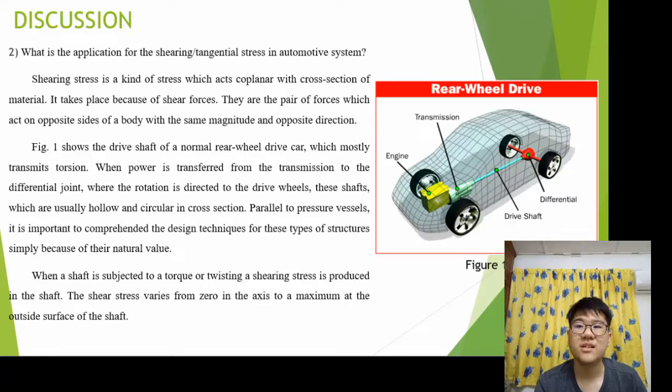Shearing stress is a kind of stress which acts coplanar with the cross-section of material. It takes place because of shear force. They are a pair of forces which act on opposite sides of a body with the same magnitude and opposite direction.